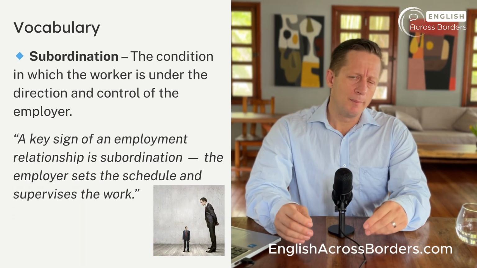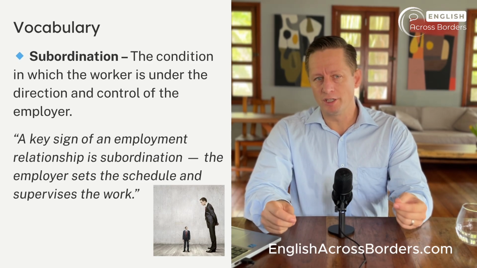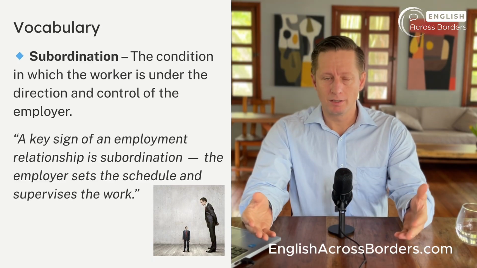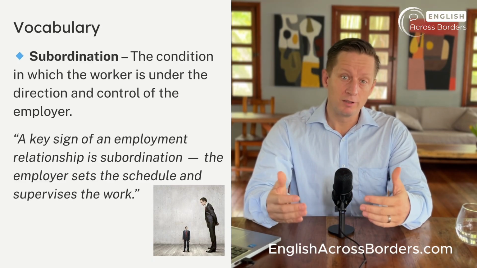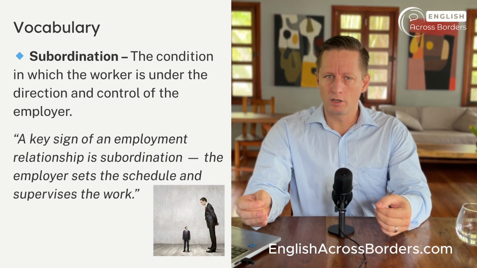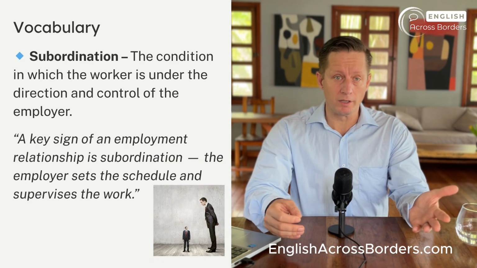Let's now talk about one of the core legal elements that defines whether a relationship is truly employment: subordination. In legal terms, subordination means the condition in which the worker is under the direction and control of the employer.